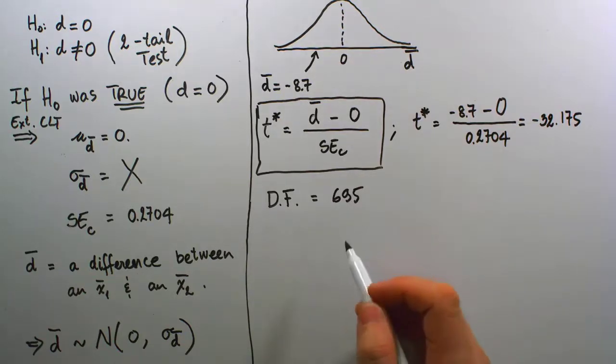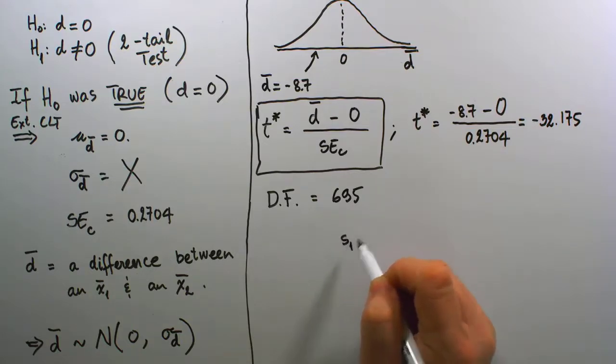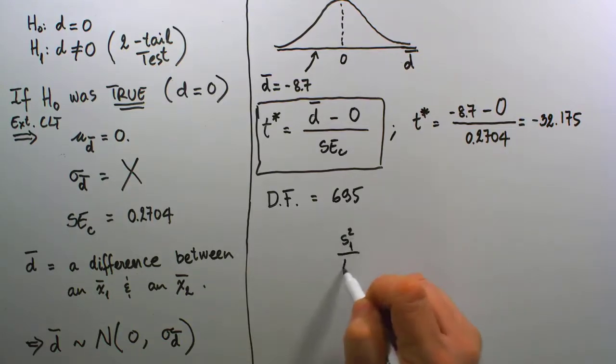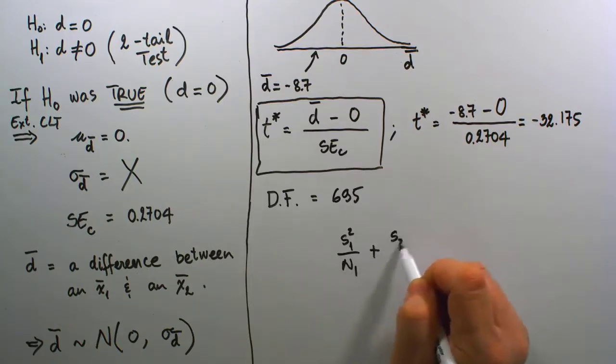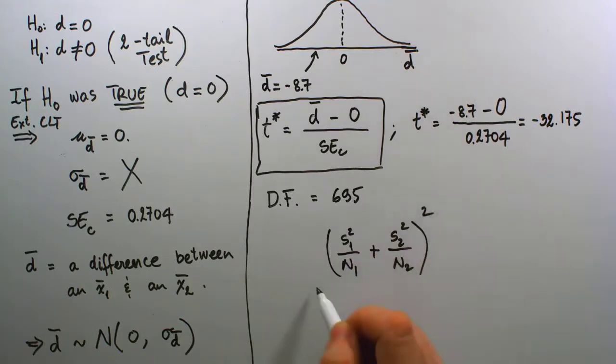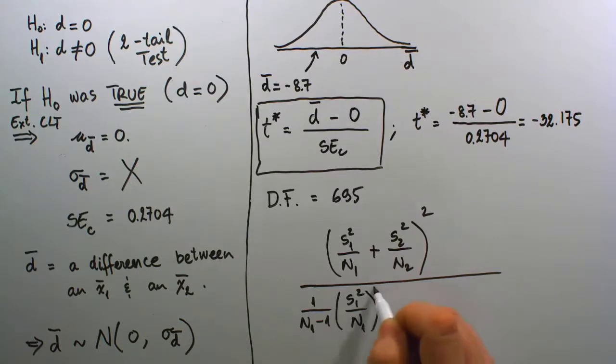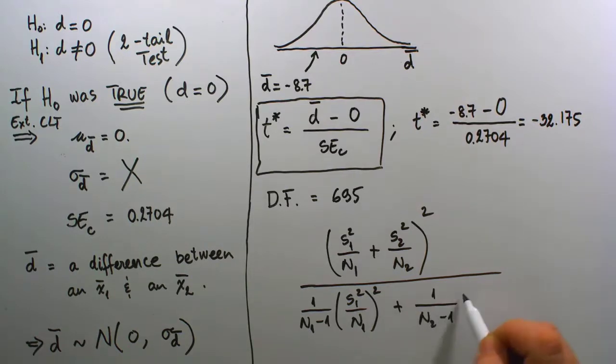So just as a quick reminder, we used the following formula: S1 square over N1 plus S2 square over N2, squared, and divide that by 1 over N1 minus 1 times S1 square over N1 all squared, plus 1 over N2 minus 1 times S2 square over N2 squared again.